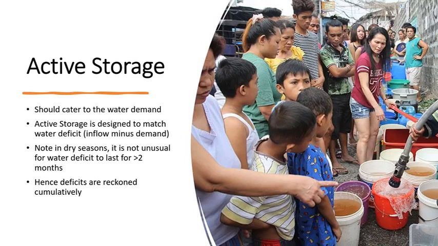So if you are talking about active storage, you should at least prepare for more than 2 months worth of water deficit. The method in calculating the deficits is we tend to view the deficits not on a month by month basis. We tend to view it on a cumulative basis, which we will see later in the next slide.